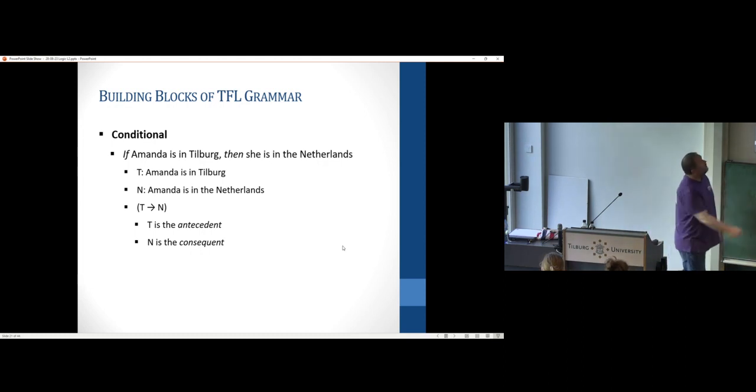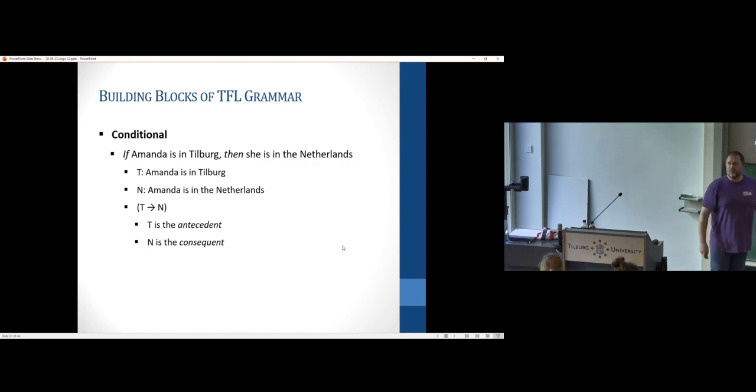Okay. Now, it's fairly straightforward that if we have a sentence in English of this kind of structure, the if-then structure, that we're going to symbolize it using the conditional like so. But the conditional is weird. This is going to be the first of many, many times I say that.